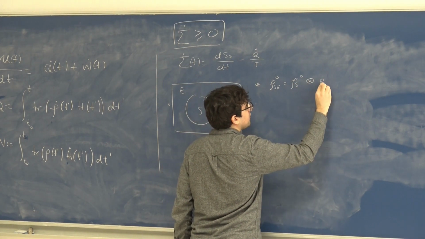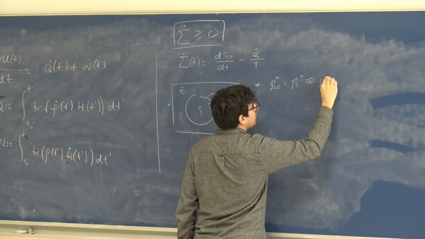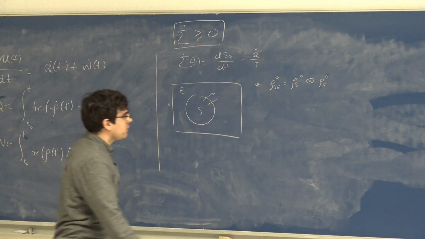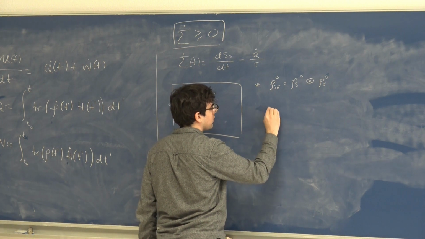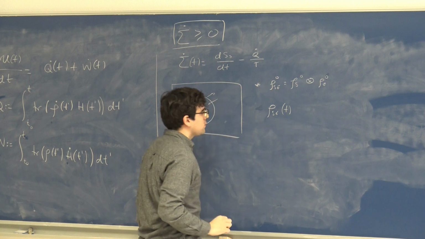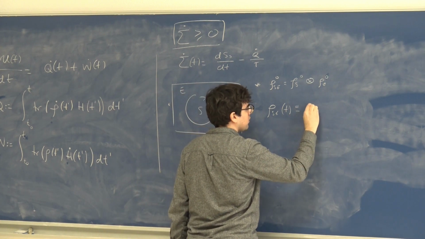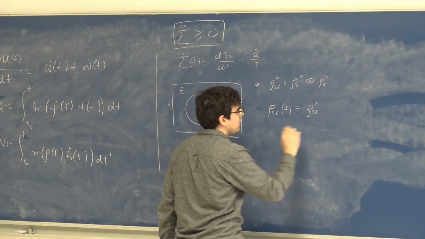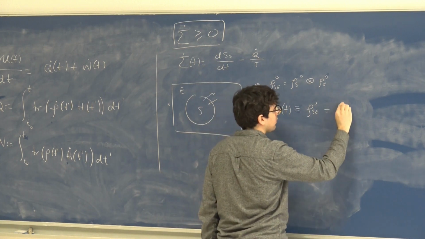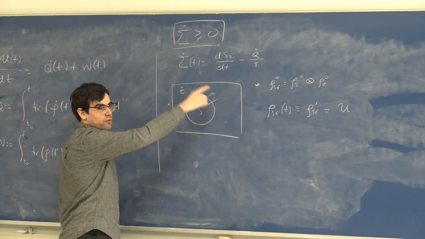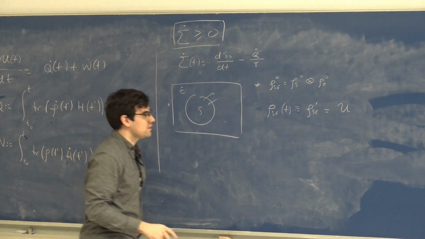So I can separate the states of both subsystems, right? So at a given time t, which I'm going to denote as rho SE prime, this will be given by some kind of unitary operator, since the evolution of the whole layout I have is unitary.